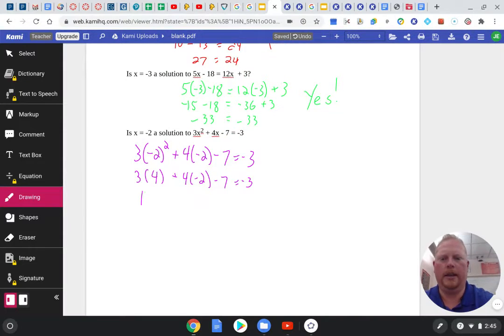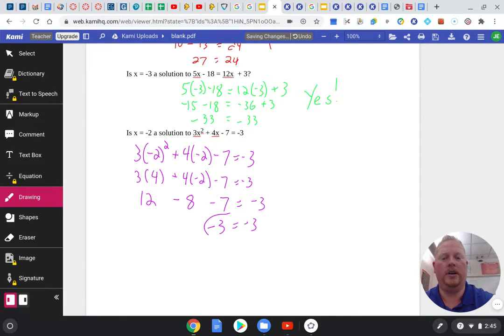So now I can multiply. Let's see, 4 times negative 2 is a negative 8. Now let's move on to the adding and subtracting. So 12 minus 8 is 4. 4 minus 7 is negative 3.